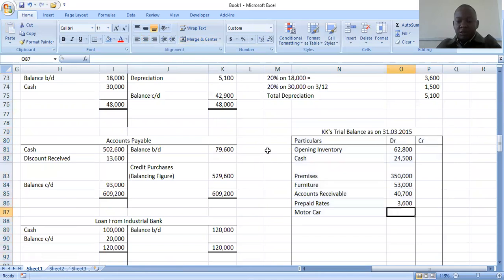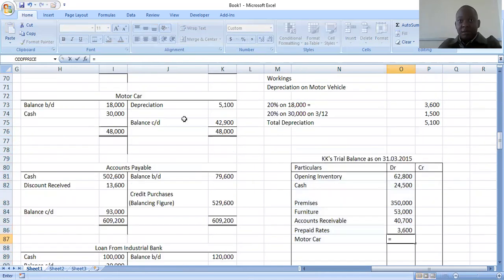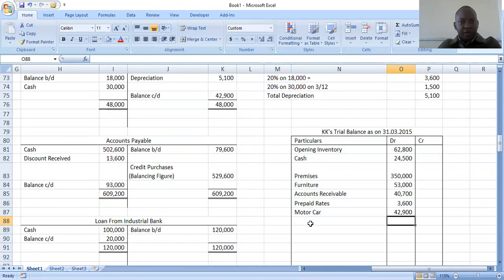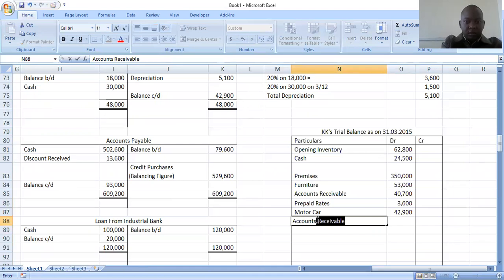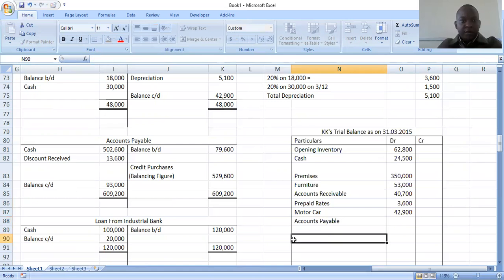And being an asset, it will always be a debit balance. And as you can see, this is a debit balance. Then we have accounts payable. Accounts payable, these are liabilities. Liabilities always have a credit balance. So this 93,000 is a credit balance.